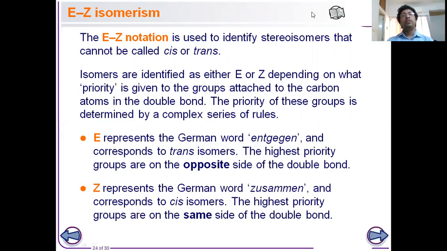Here more explanation about EZ is given, but we do not need to go through this EZ notation because Cambridge will allow cis-trans naming, as I have already mentioned.